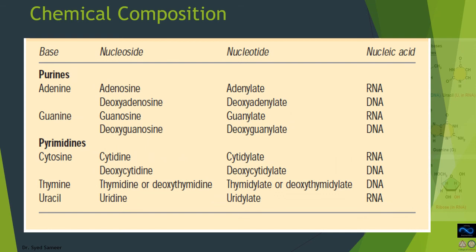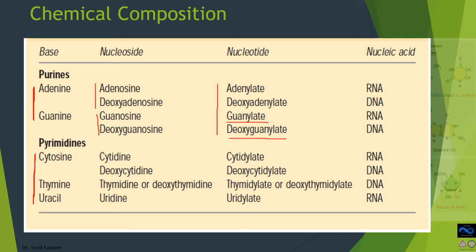So the overall summary of the lecture will be like this in the picture. The purines are of two different types present in the nucleic acids, and the pyrimidines are of two different types. They can link with the sugar moiety to form adenosine or deoxyadenosine, similarly guanosine or deoxyguanosine. Then when they link with the phosphate, they make adenylate or guanylate or deoxyguanylate.